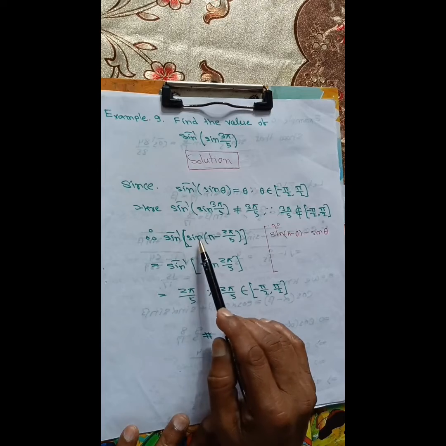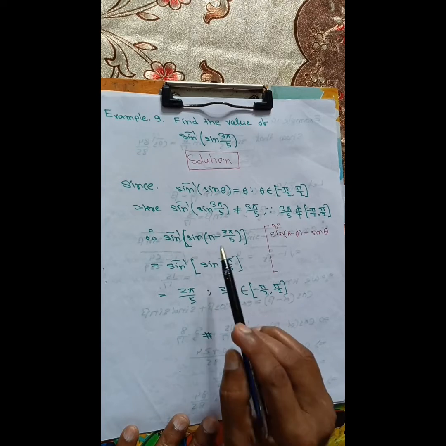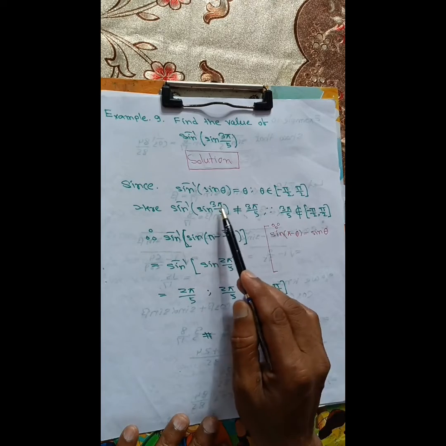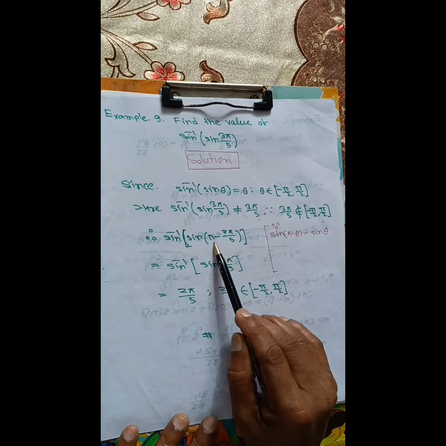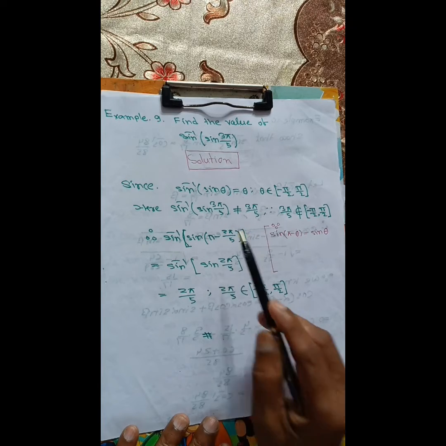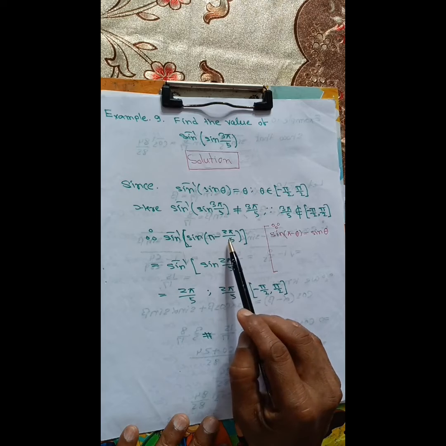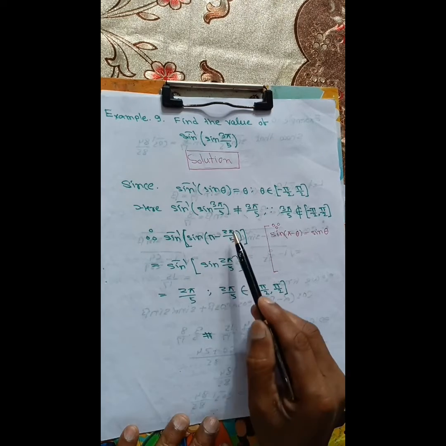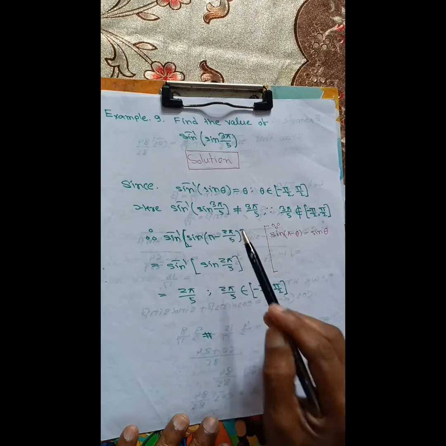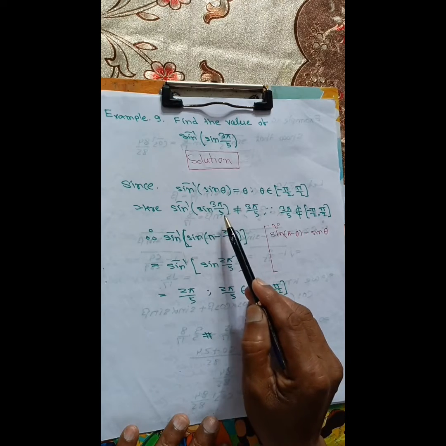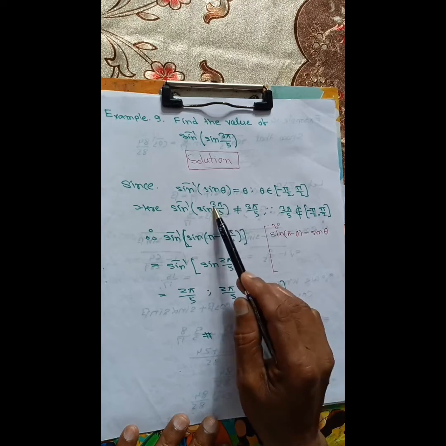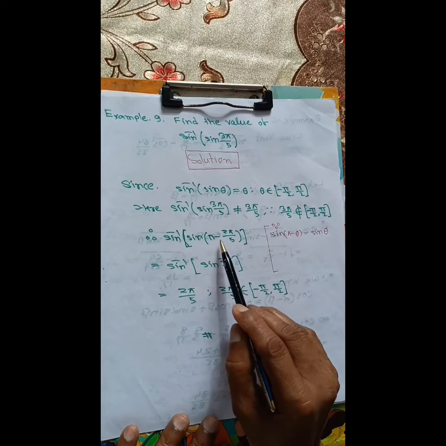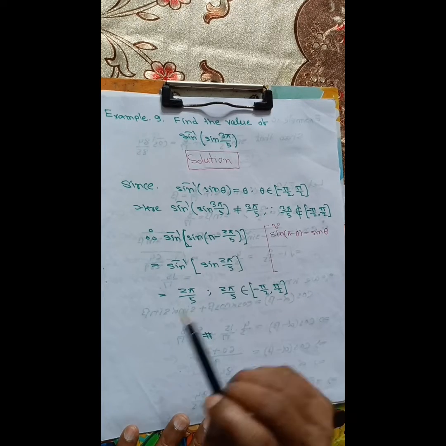Therefore, in sin inverse sin of thrice pi by 5 we can write pi minus twice pi by 5. Okay. If we calculate this, then we get this equal to thrice pi by 5. That's why we can write thrice pi by 5 is equal to pi minus twice pi by 5.